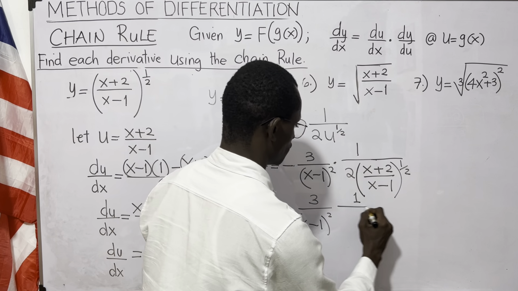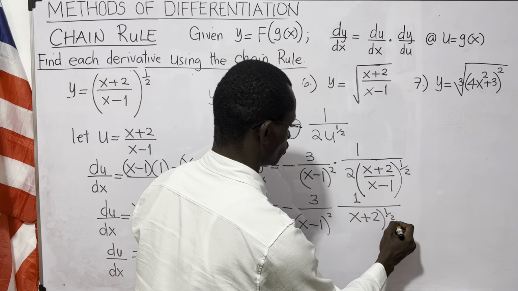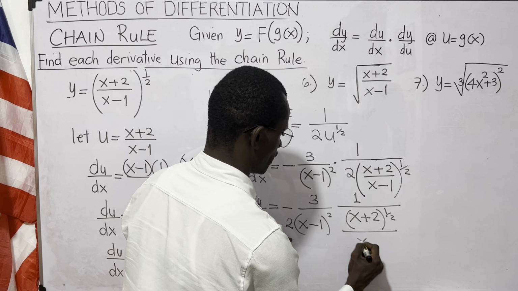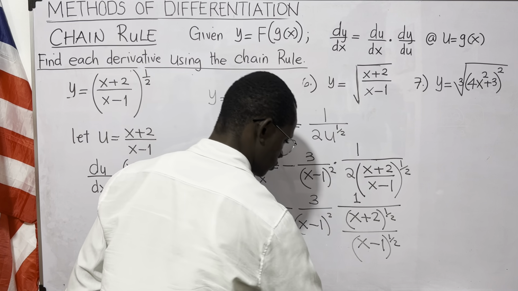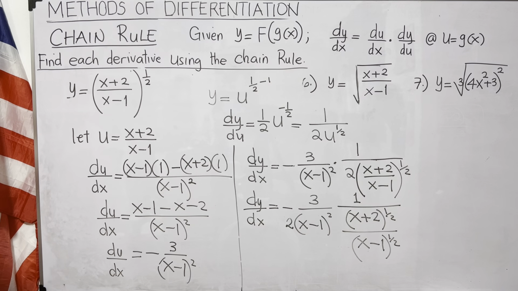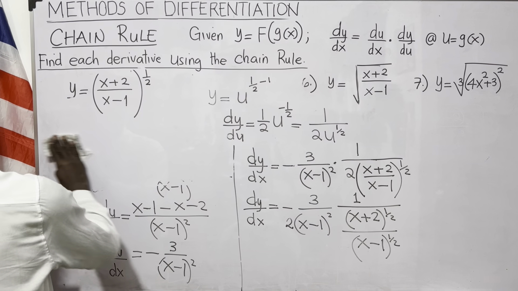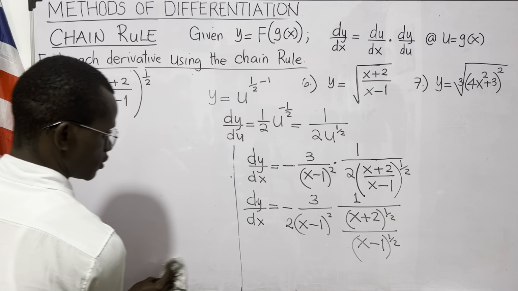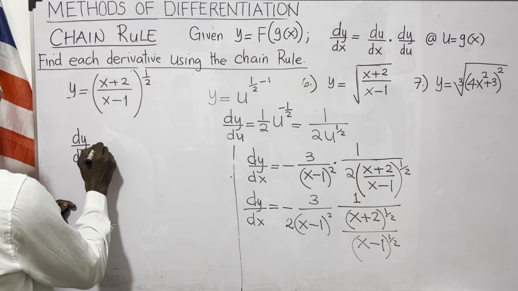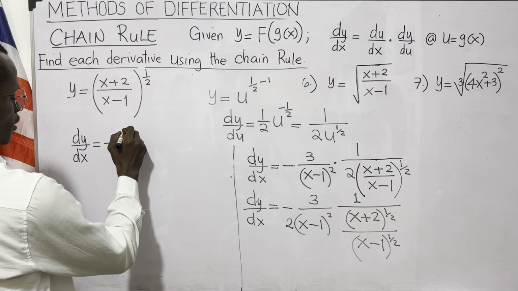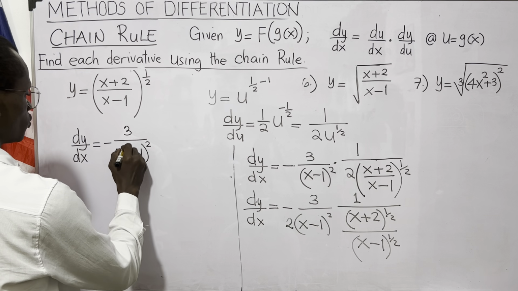So we have 1 all over x plus 2 raised to the power 1 over 2 divided by x minus 1 raised to the power 1 over 2. So we have to simplify that further. So we have dy by dx equals negative 3 all over 2 times x minus 1 raised to the power 2.